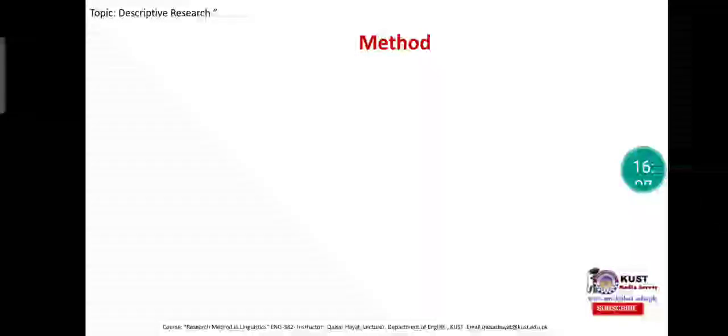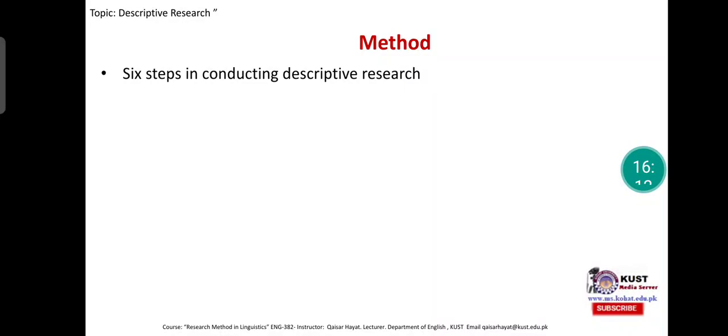After design, let's see the methods. The method approach is, there are 6 steps in conducting descriptive research. These steps are as in each and every research. The first step out of these 6 steps is that you have to identify your problem.